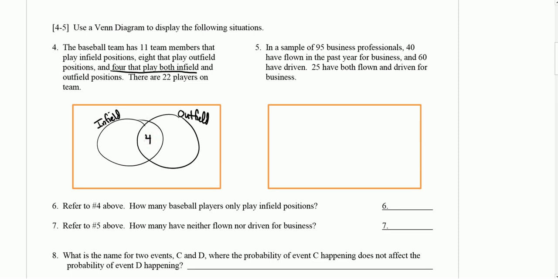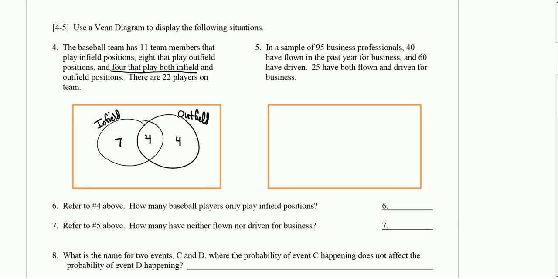11 play infield, so 4 we've already accounted for. So 11 minus 4 gives us 7. These would be only infield, so 7 only infield, 4 that play both. And then it says 8 play outfield, so I'd have 4 that only play outfield and 4 that play both. That adds up to 8.